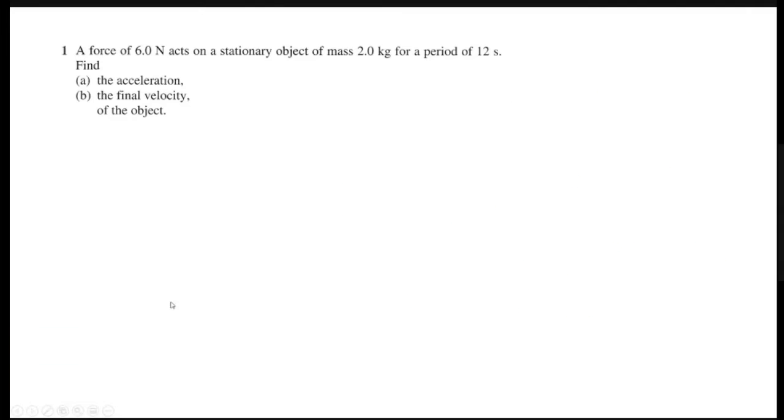Okay, so in this case, you can see that the mass is constant throughout the motion, before and after. The force 6 Newton acts on an object of mass 2 kilogram. Let's say we have a box over here, with a force of 6.0 Newton, a mass of 2.0 kilogram, and a period of 12 seconds.